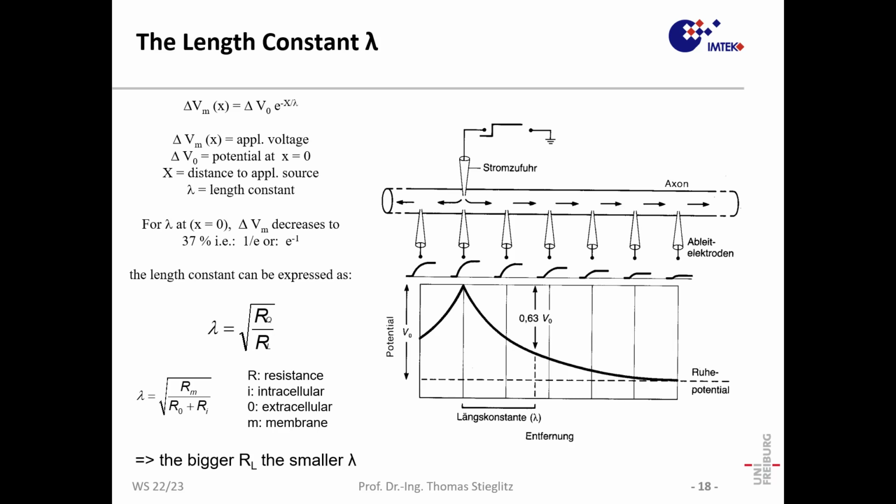Again, that means changing the ion concentration, so intracellular concentration, extracellular concentration, and the dimension of that whole structure determines the magnitude of the length constant and the decay over space.